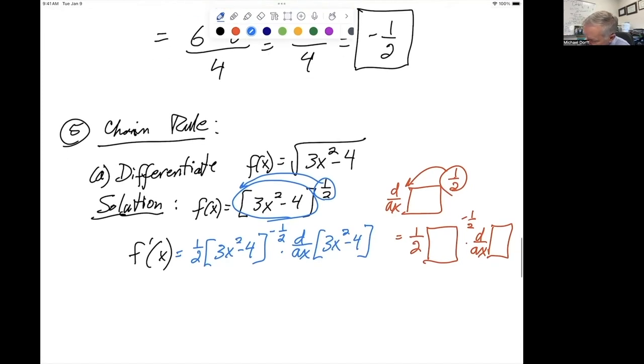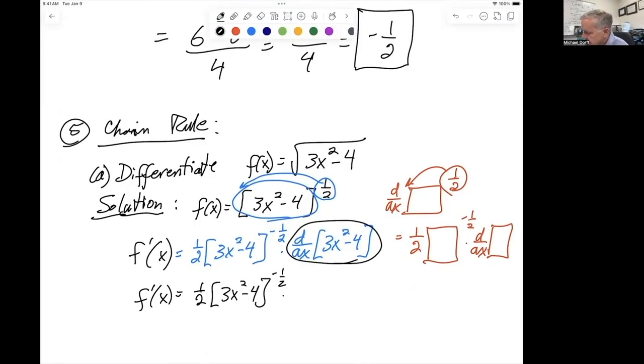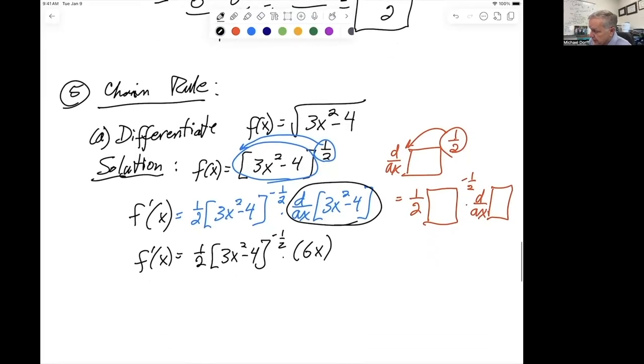All right, and so now I keep doing this. So I have 1/2 square bracket, 3x squared minus 4 to the negative 1/2. And now I have to take the derivative of the 3x squared minus 4 here, and that's going to be 6x by the power rule.